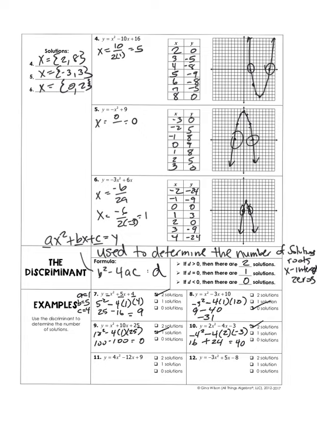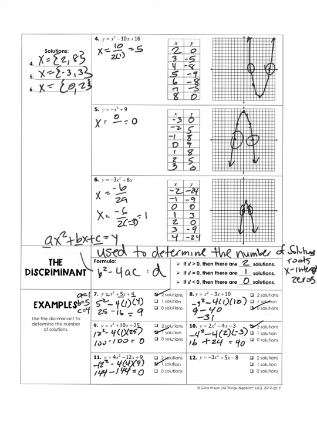Number 11, negative 12 squared minus 4 times 4 times 9. Negative 12 squared is positive 144. 4 times 4 is 16. 16 times 9 is 144. That's going to be minus 144. This is going to equal 0, and that means there's exactly one solution to this quadratic.